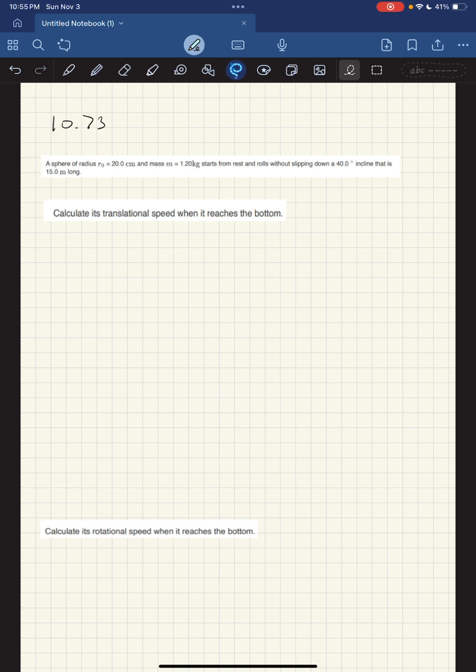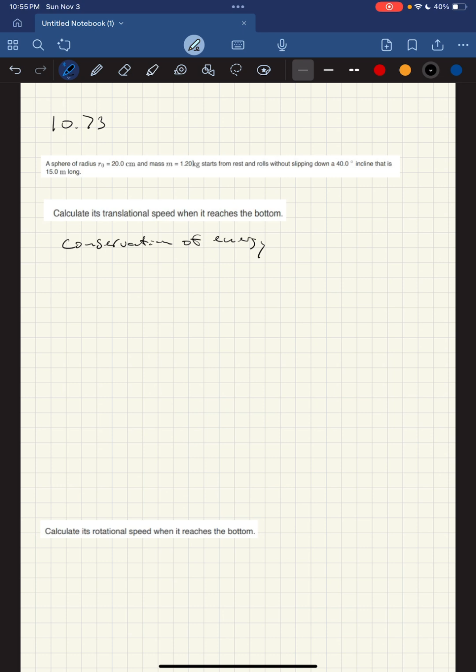To find the translational speed at the bottom, it is an energy equation. We have to use conservation of energy, from purely gravitational potential energy to both translational and rotational kinetic energy at the final position.